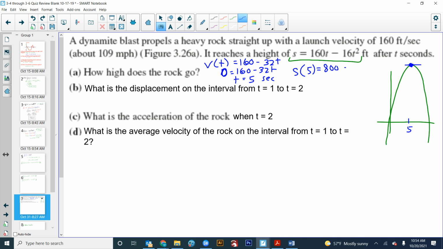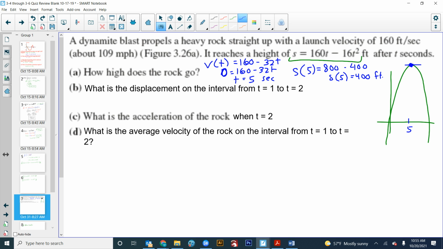So we have 250 and 150 is 400. We have minus 400. S of 5 is 400 feet. How high does the rock go? 400 feet.